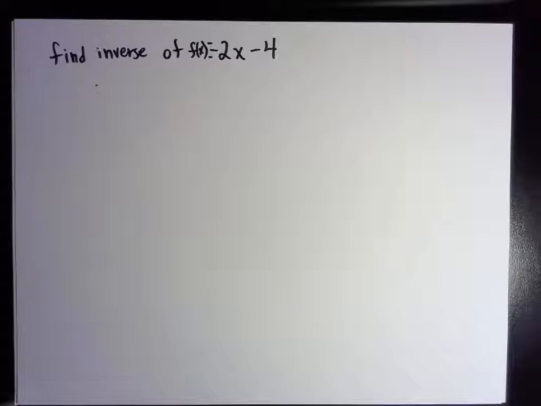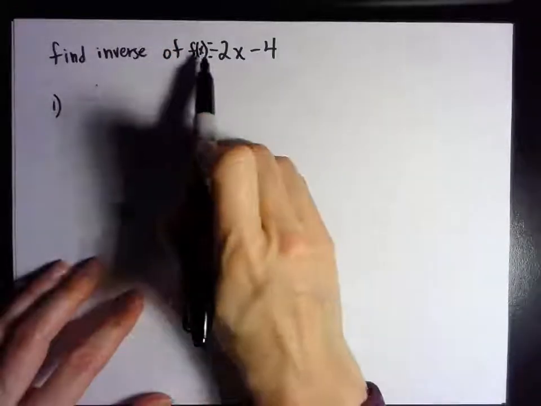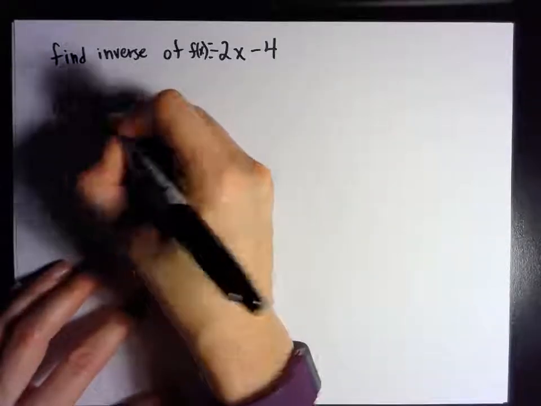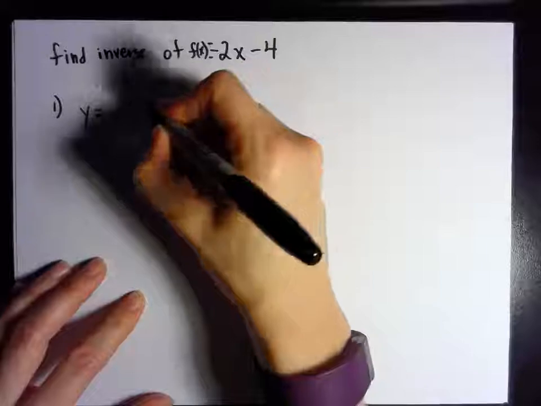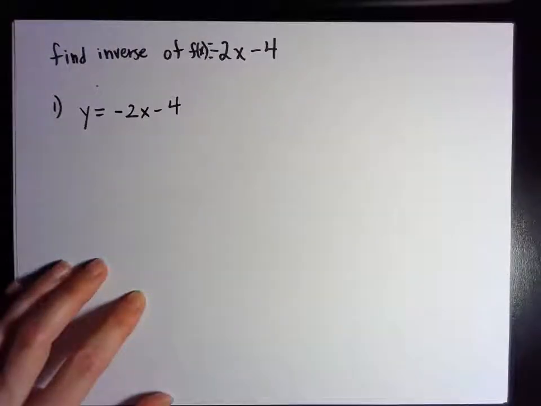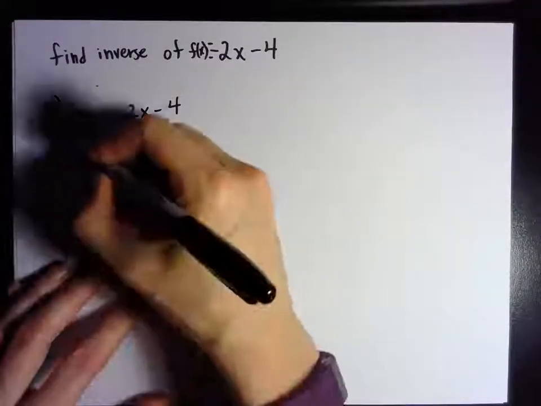Okay, so once you know it's invertible, we're going to write this as, it might be given to you as f of x equals something, but rewrite that as y equals -2x minus 4. And now I'm going to solve for x. I need to isolate x. So I'm going to add 4 to both sides.